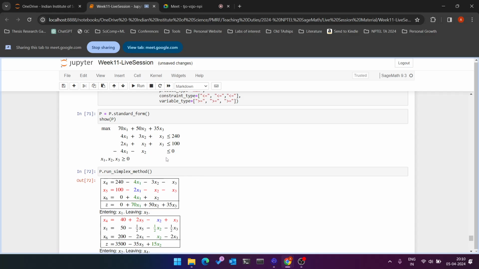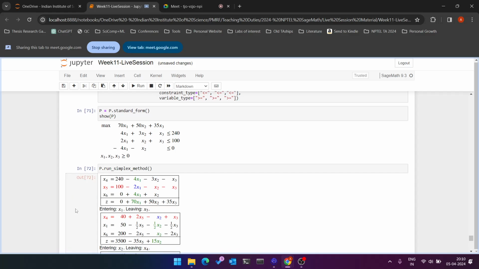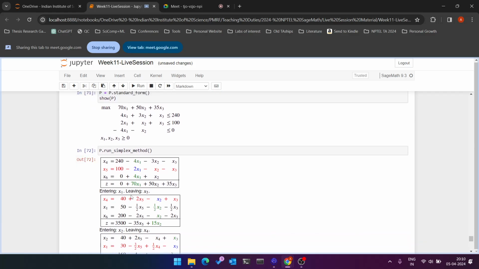X4, X5, and X6 are the slack variables which are added to convert my inequality into an equality, and then we move around to obtain my slack variables on the left hand side and write down my objective function here. Then, since x1 in z has the largest positive coefficient, we choose x1 as the variable to tighten, and we have to figure out where we exit.